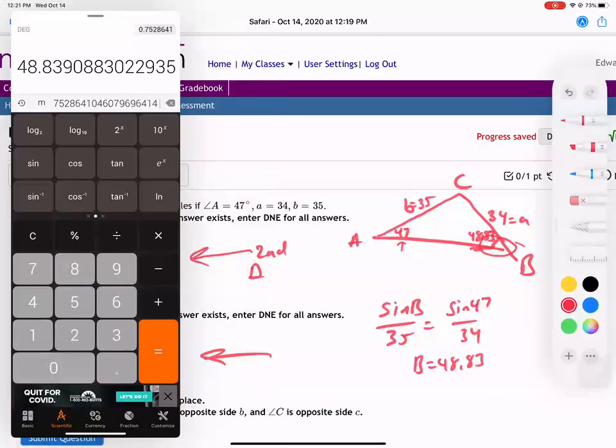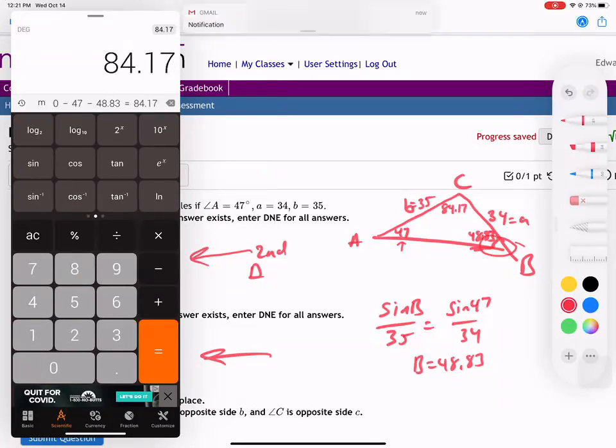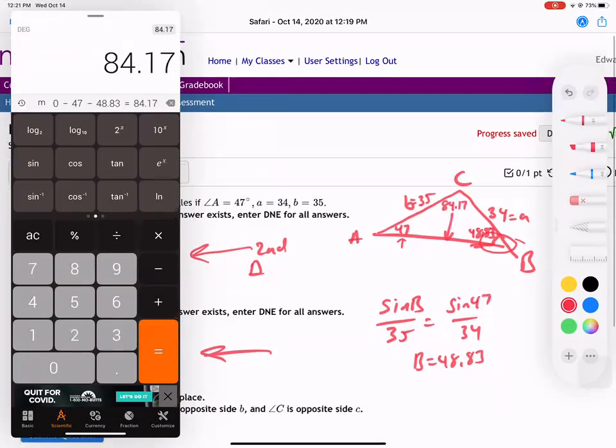So 180 minus 47 minus 48.83, and we're left with 84.17. If we have my third angle, I can find my third side using law of sines.